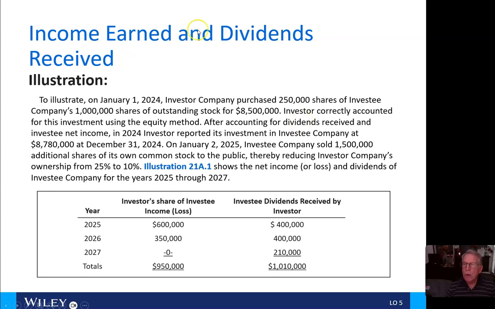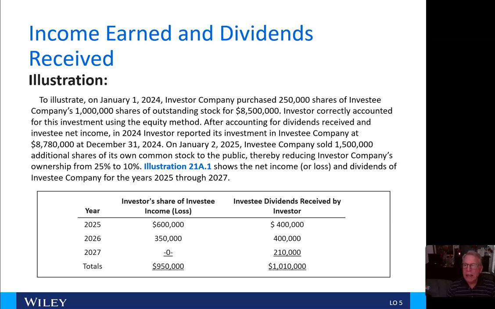Okay, so if we take a look at an illustration, on January 1, 2024, Investor Company purchased 250,000 shares of Investee Company's 1 million shares of outstanding stock for $8.5 million.